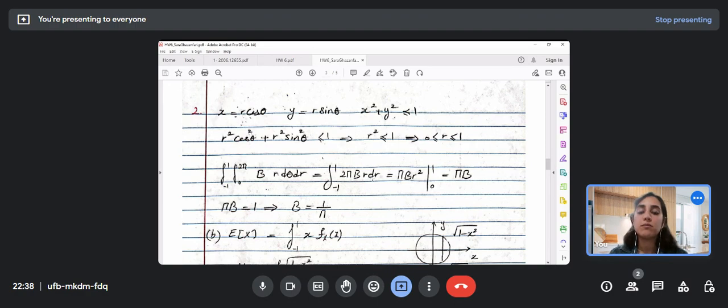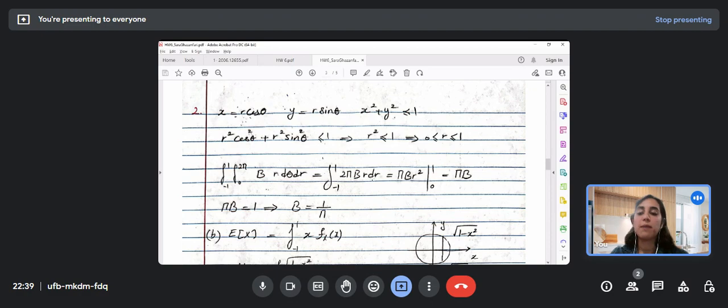After doing the reparameterization, I should use r dθ dr instead of dx times dy, and the ranges will change. Theta will be between 0 and 2 pi, and r is between 0 and 1.